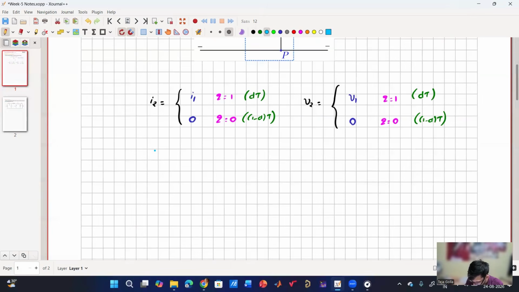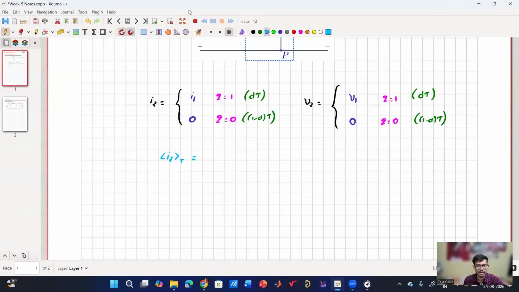What is the average value of I2 over a cycle T? For dT time it is I1, and for 1 minus d times T it is 0.